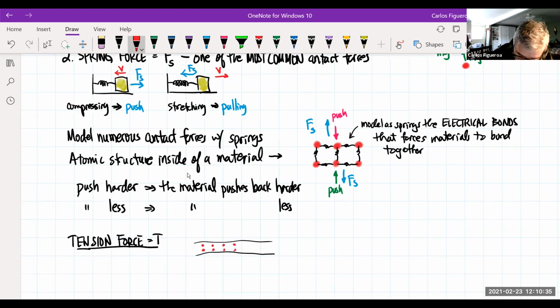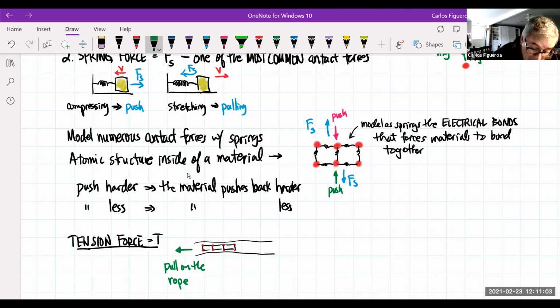So here's my little atomic system, and each of these black ones are these little modeled springs. Look what happens if I pull on the rope in this direction. What are the springs going to do?